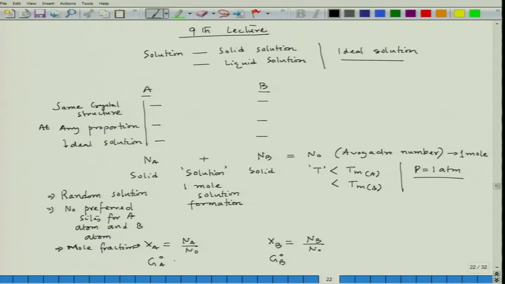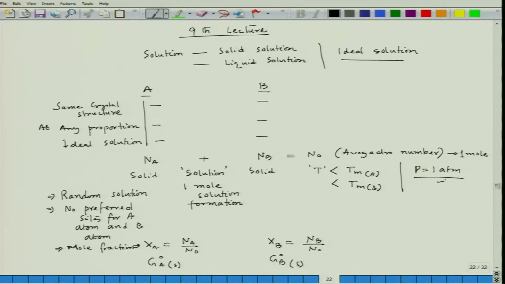I am not writing this particular term solid, but whenever we consider liquid solution, that time we have to notify whether it is the solid standard free energy of pure metal or the liquid standard free energy for pure metal, and we are here using standard, means we are specifying the pressure at 1 atmosphere.